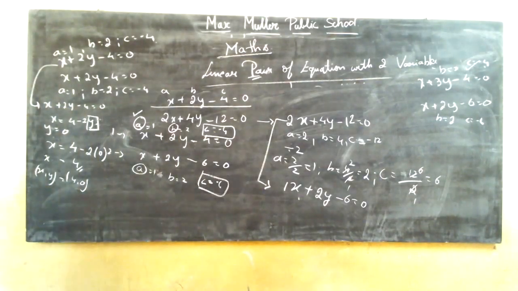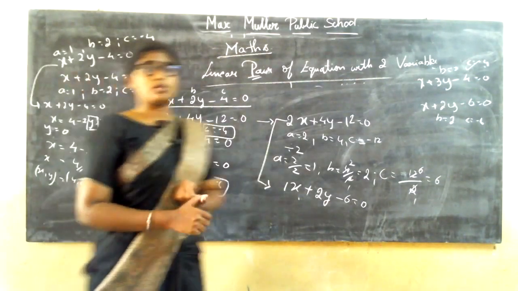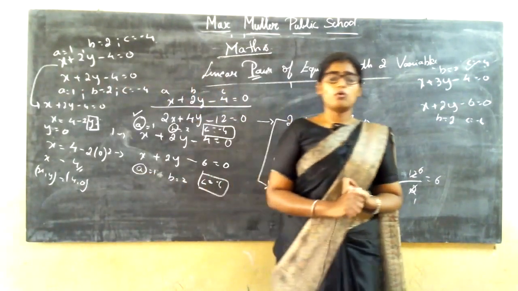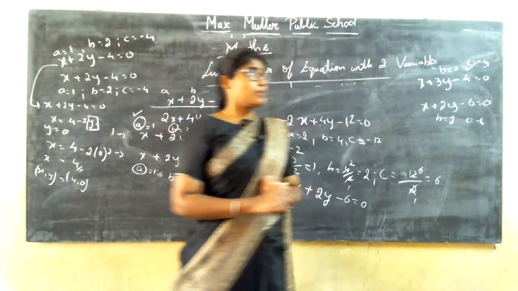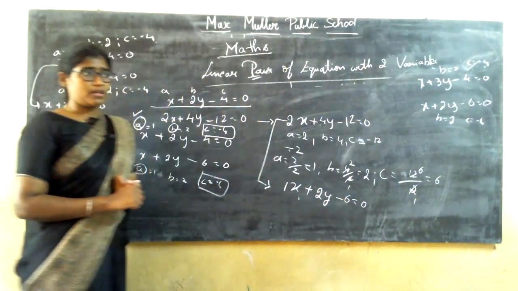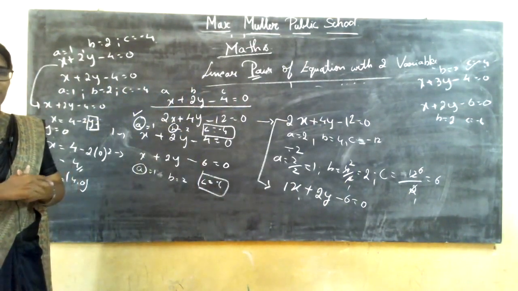Revising or briefing about today's class, initially we had talked about the paper, that you have only 2 papers with 3 subjects in one paper. The language will be of 1 and the core subject will be of 1. Each paper will be of 120 marks.